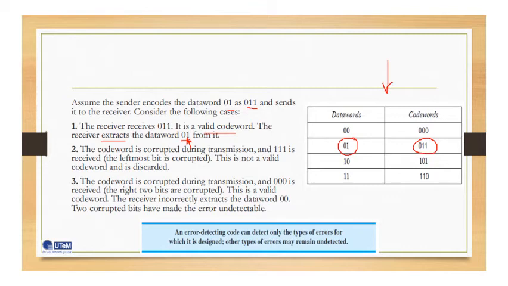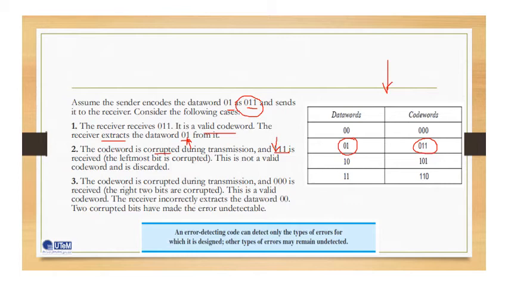The second situation: the code word is corrupted during the transmission. 011 has changed to 111. The first bit has changed from 0 to 1. So this is called a single bit error, isn't it?